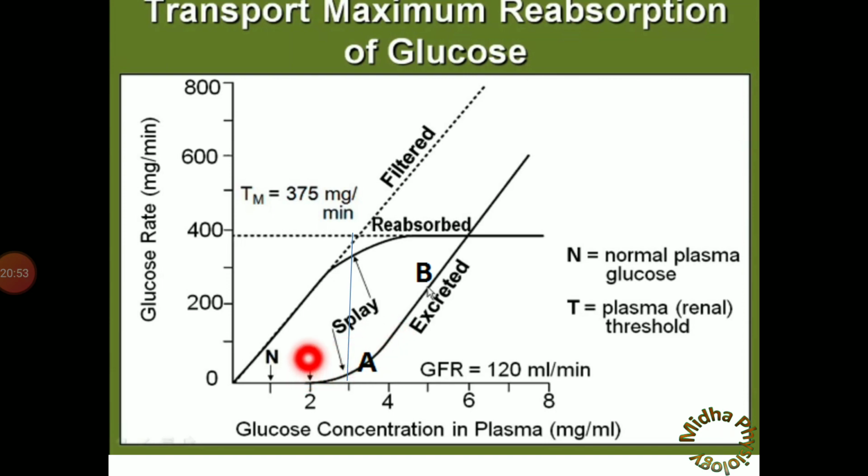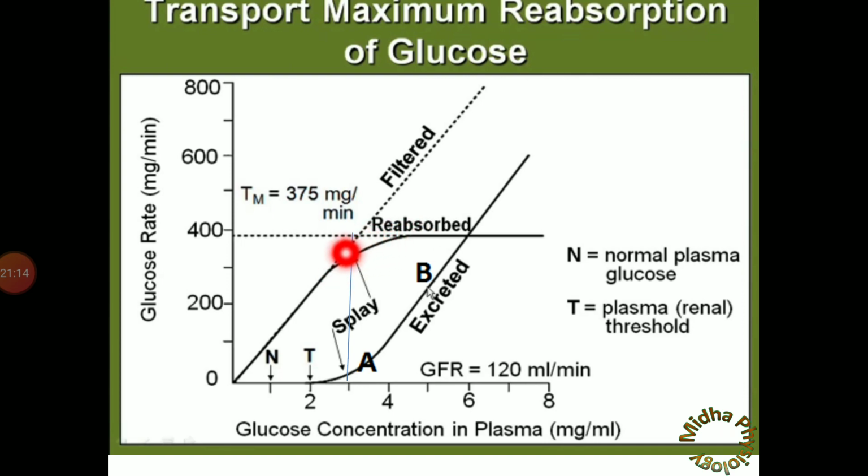And in the reabsorption curve, instead of being sharp and angulated or having a linear relation with the plasma glucose level, the reabsorption rate slowly deviates from this angulated curve, and this slow deviation you call the splay.